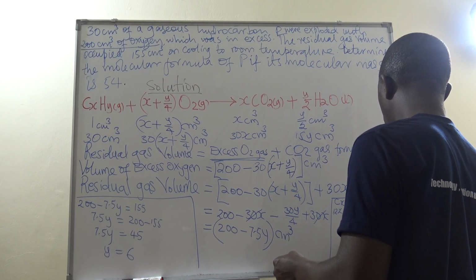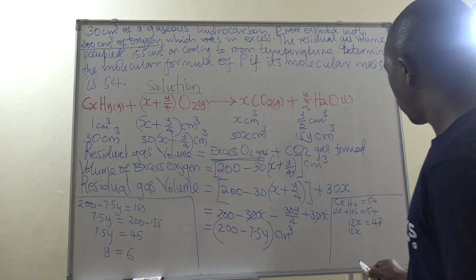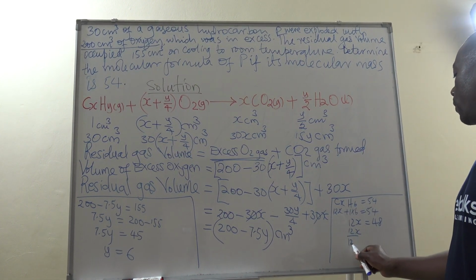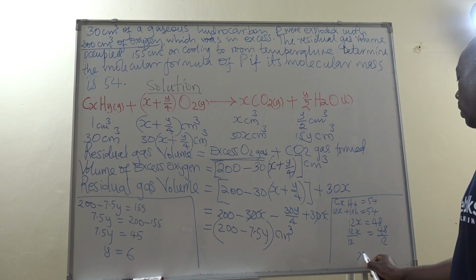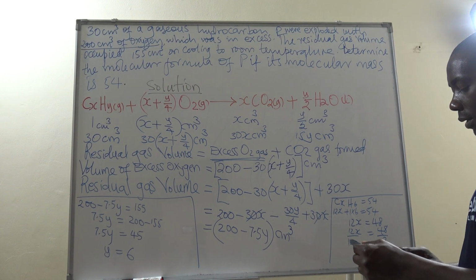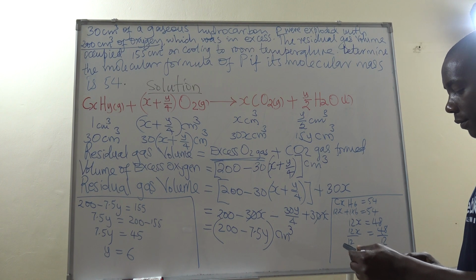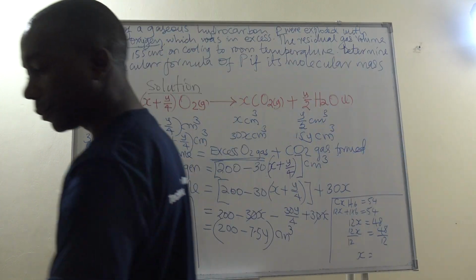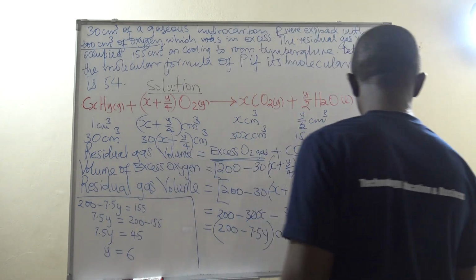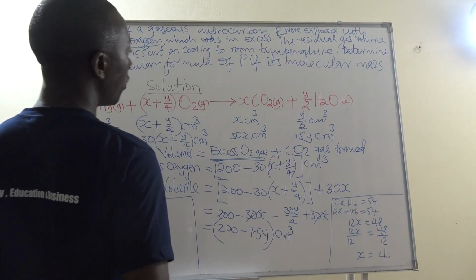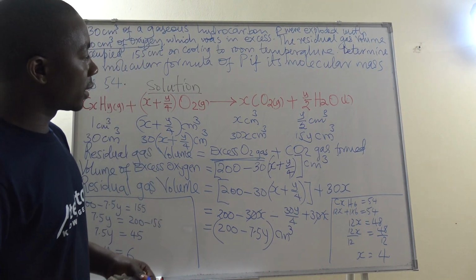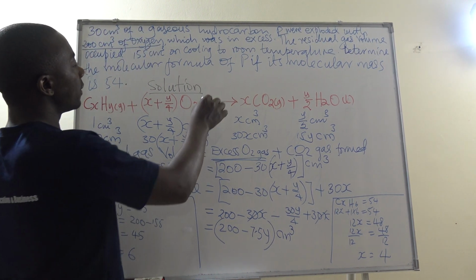Then divide through by 12: x divided by 12 should get 48 divided by 12. So therefore x should equal 48 divided by 12, so that we obtain x equal to 4.